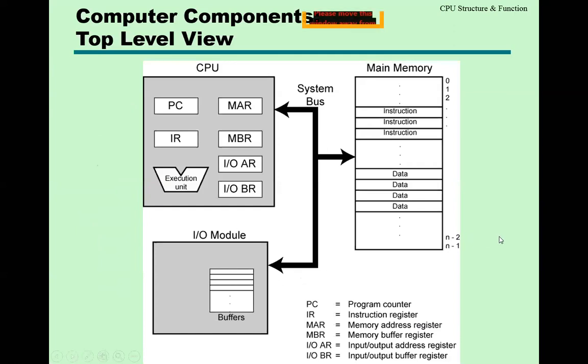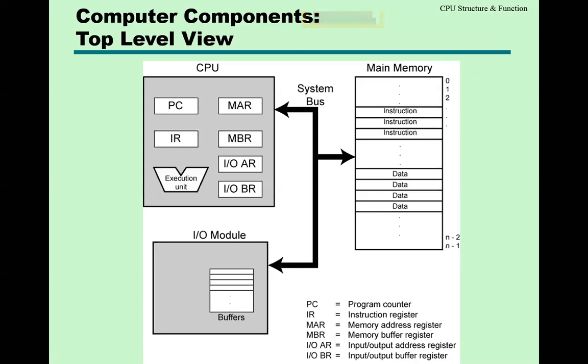Here, this is a diagram of the Von Neumann machine. In the CPU, you will find some registers; the main memory is there, and the input-output module is there.